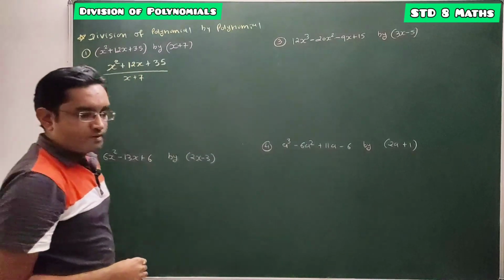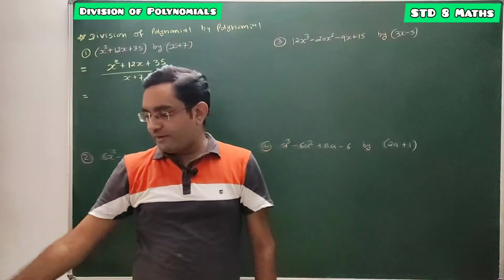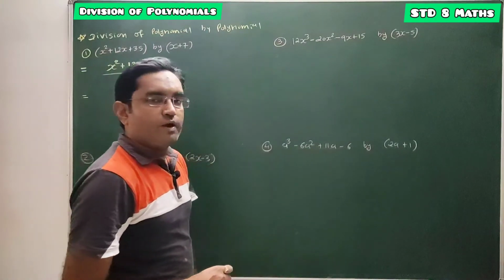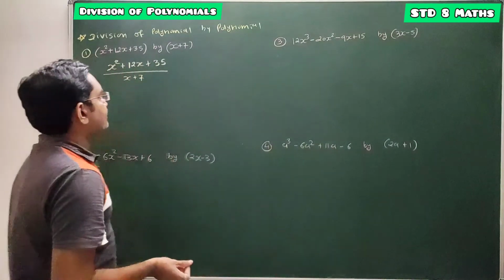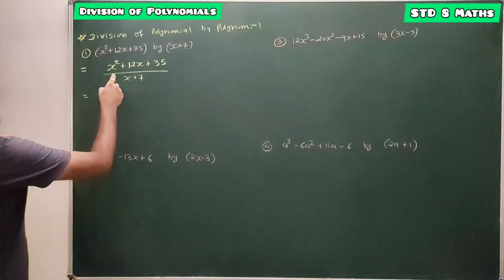Now this type of division can be performed by two methods. First by using the factorization method, and second by using the long division method. That long division method you will study in your 9th standard. Clear? So now we have to perform the division by using factorization.